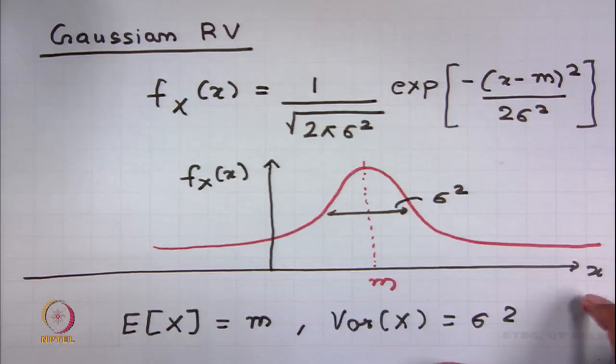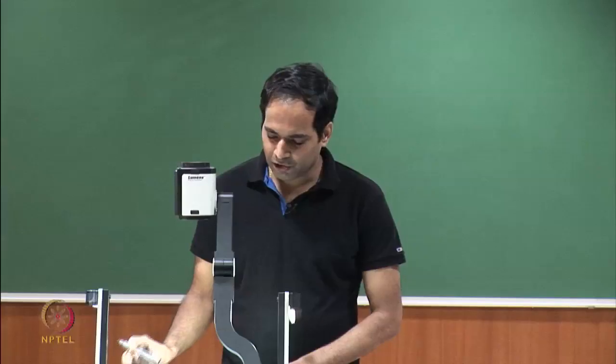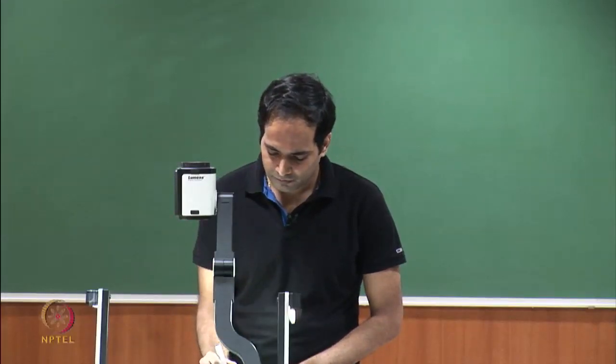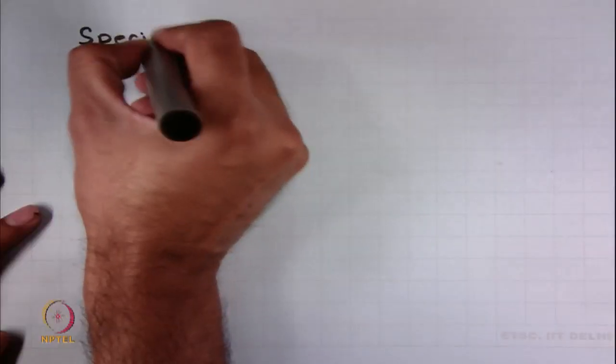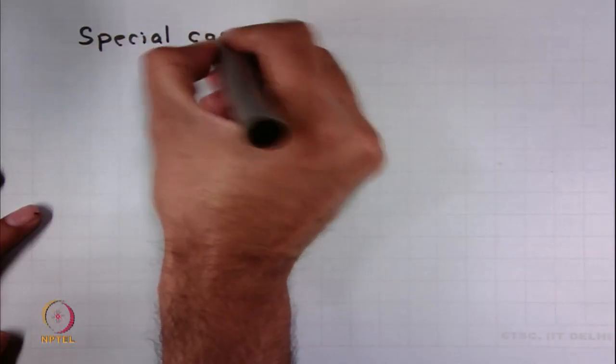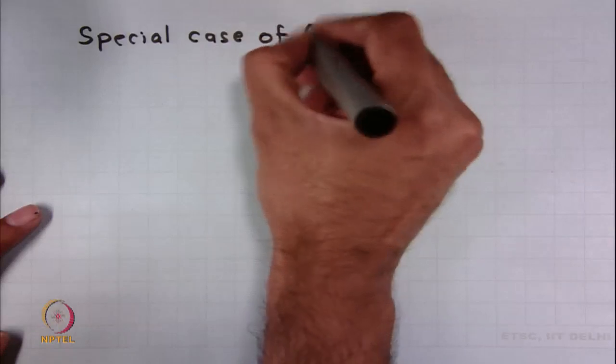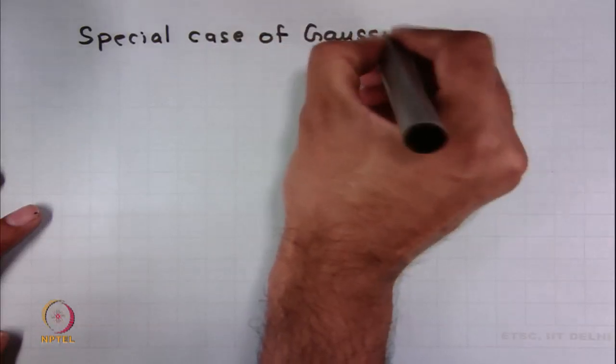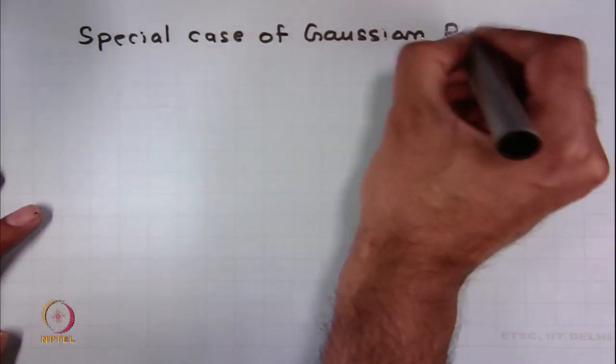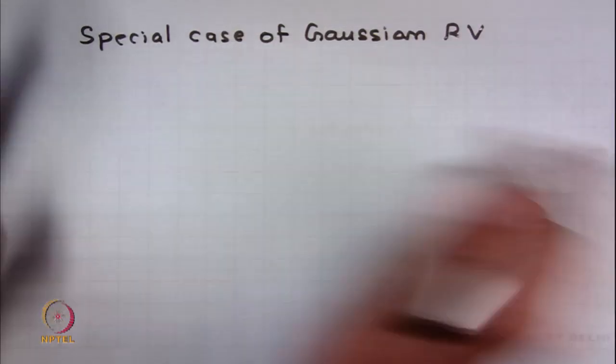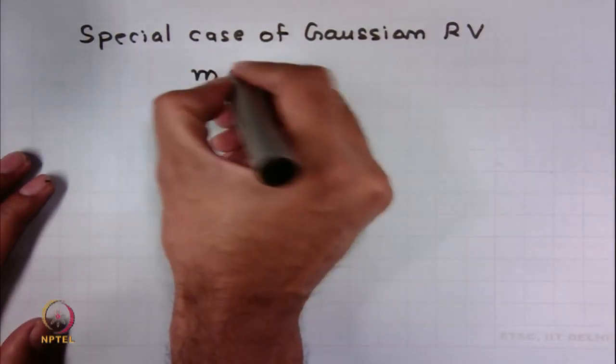Let us now look at the special case of Gaussian random variable. The special case is when you plug in this m as 0.